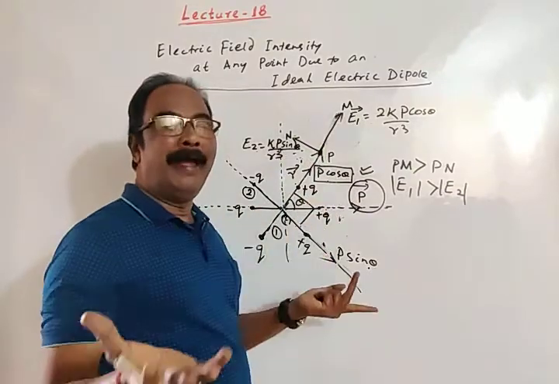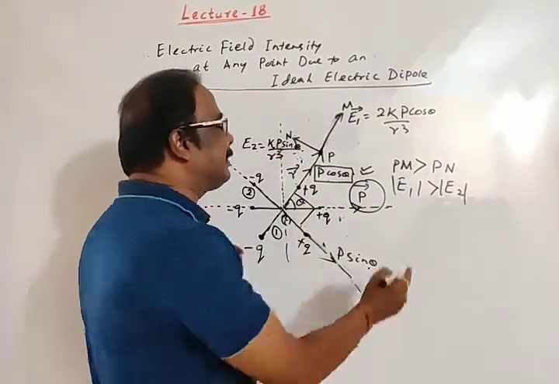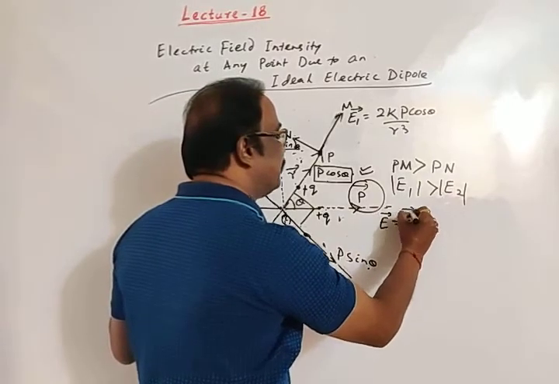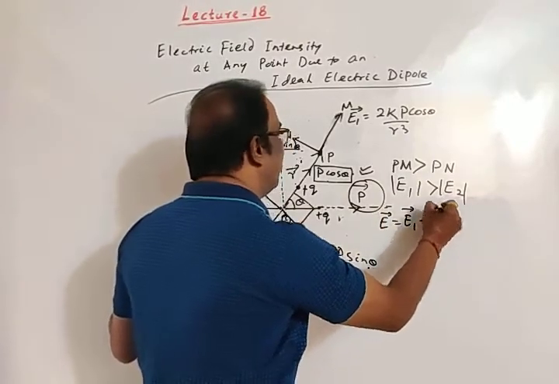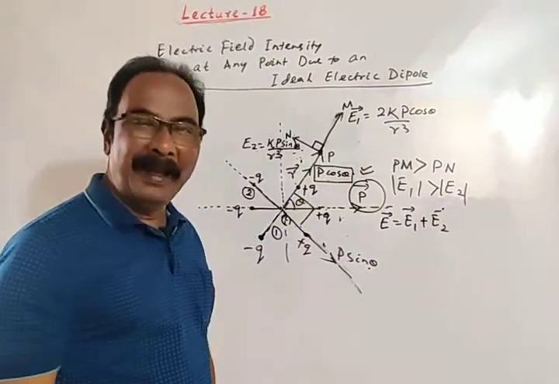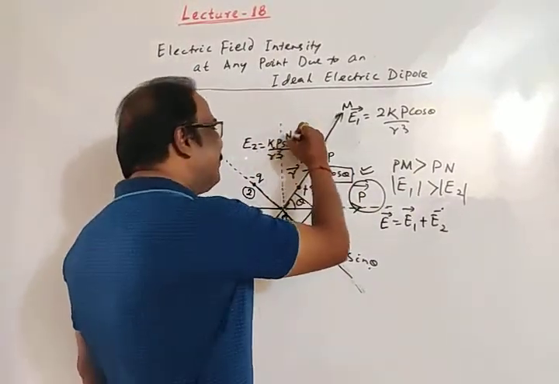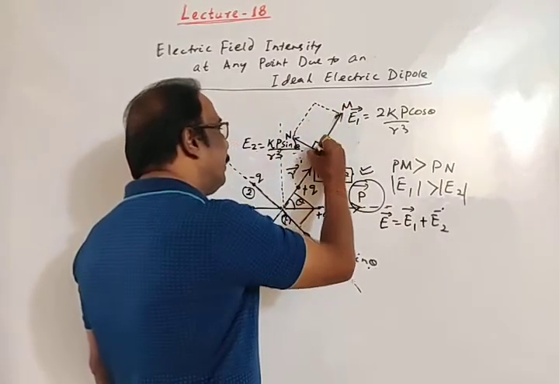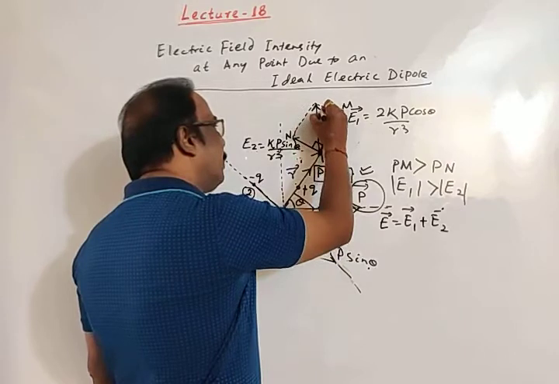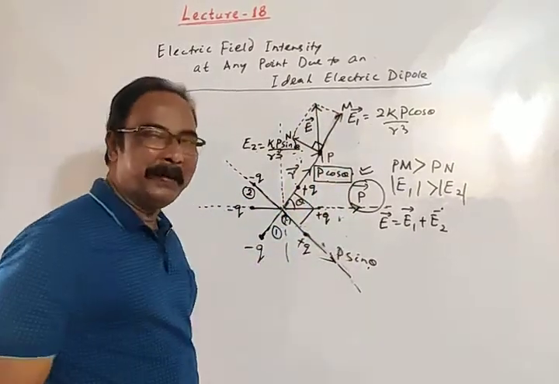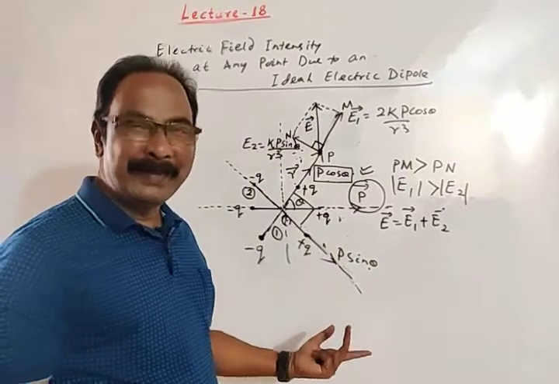Then we have to find the resultant field intensity, which is the vector sum of E1 and E2. But here the angle between E1 and E2 is 90 degrees. Now let's complete the parallelogram. As we know, the diagonal of the parallelogram represents the resultant field intensity E. Now it is easier.